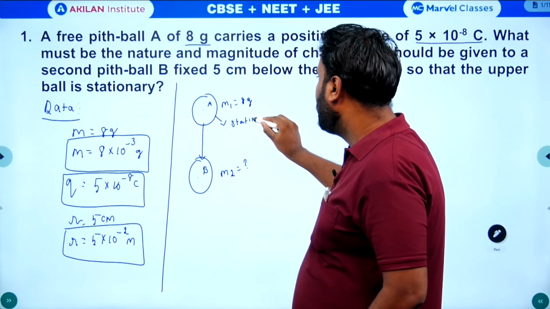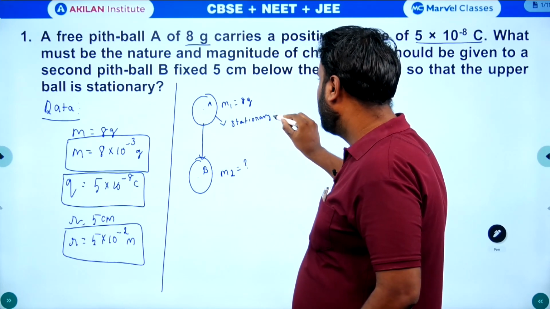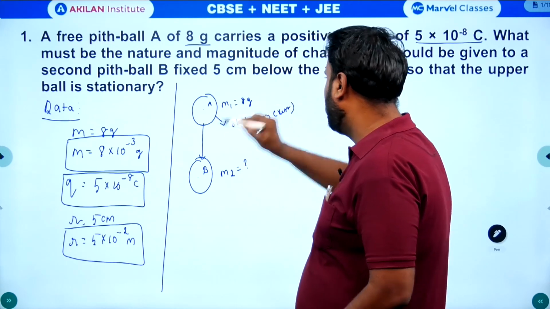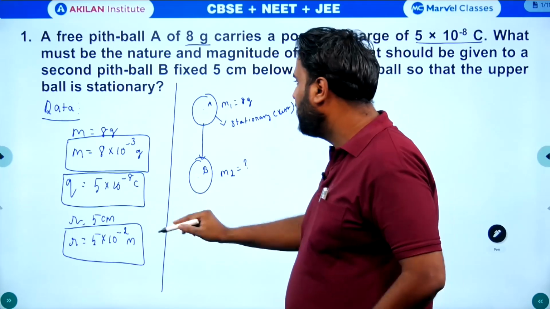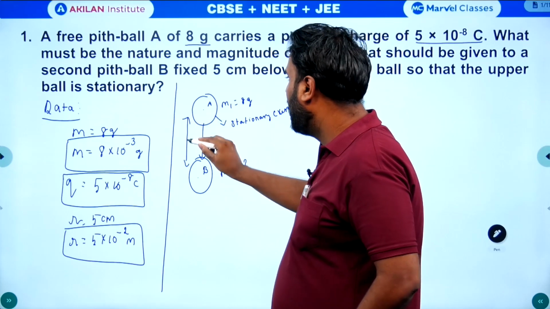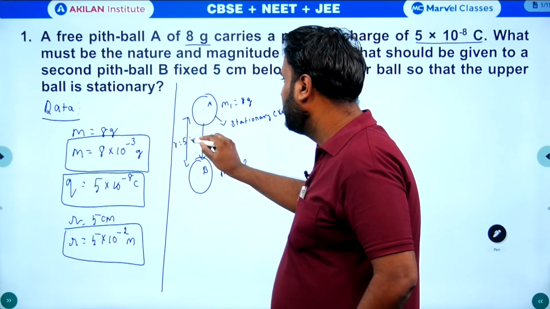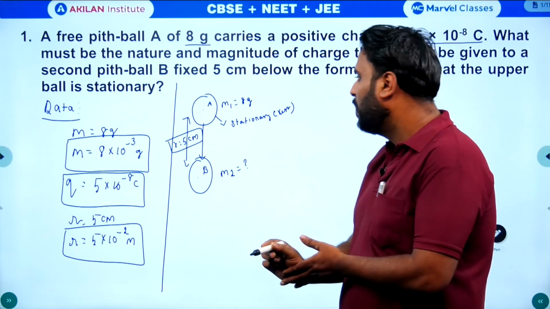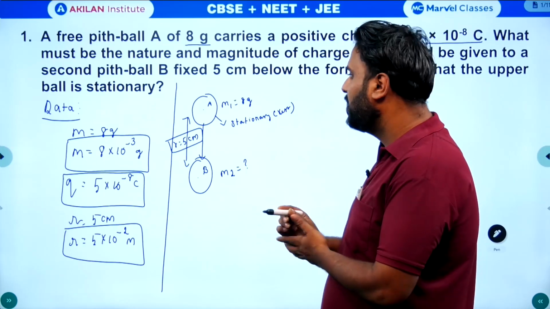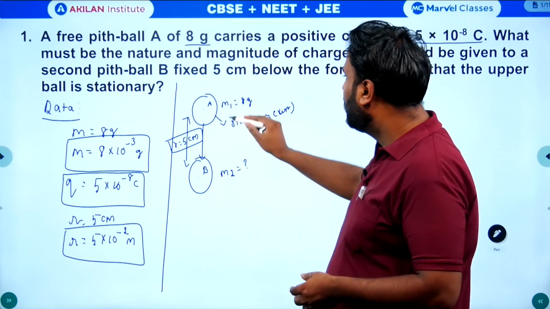Stationary means, you know very well, at rest. The distance between the two balls A and B they gave very clearly as R is equal to 5 centimeter. The charge is also given, 5 into 10 to the power of minus 8 Coulomb. Mass they gave.